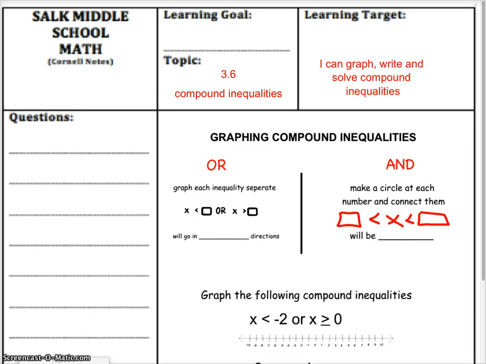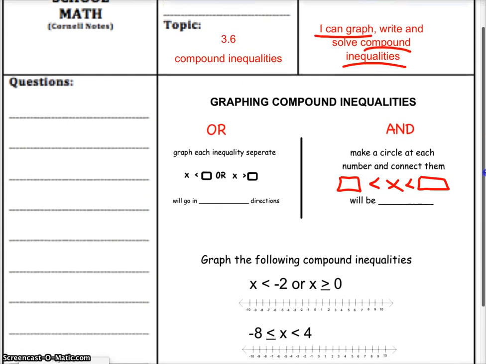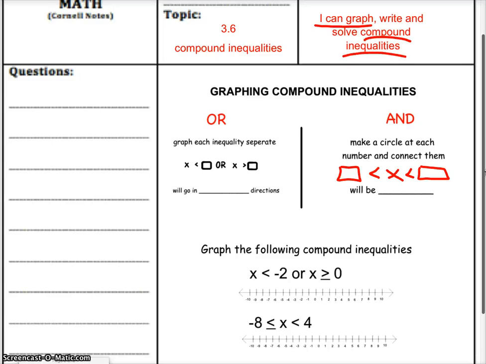Again, your learning target today is that you can graph compound inequalities. So you need to know, how do you graph? You have two different compounds, an or compound and an and compound. An or compound, this is the process. You graph each inequality separately.